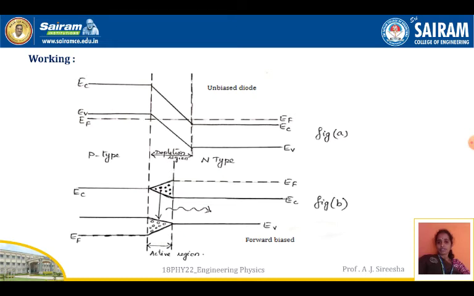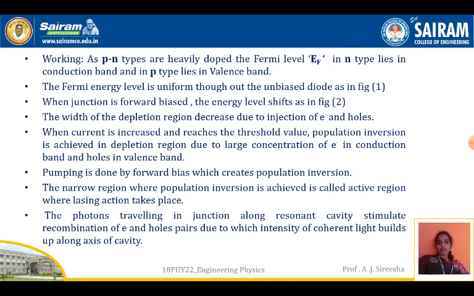in the figure. The narrow region where population inversion is achieved is called the active region, where the lasing action takes place. The photons traveling in the junction along the resonant cavity stimulate the recombination of electron and hole pairs, due to which the intensity of the coherent light beam builds up along the axis of the tube.